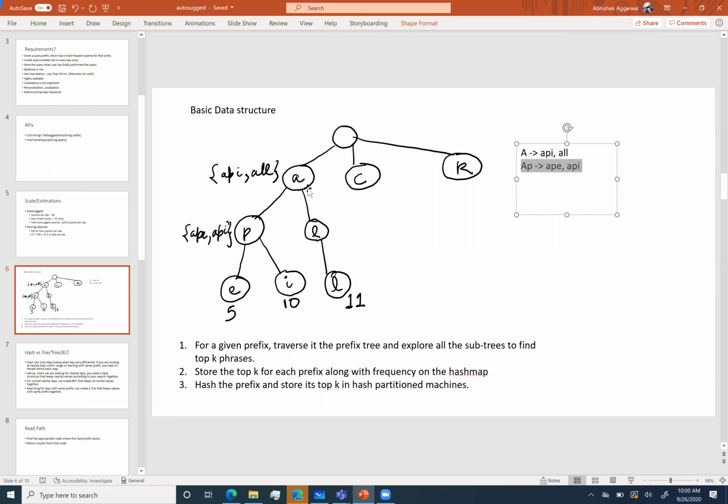If you search for Apple and it did not have any weightage, then I will not update the hash map because its weightage was very low. This hash map will only be for prefixes which have high enough weightage that the users will be using them.